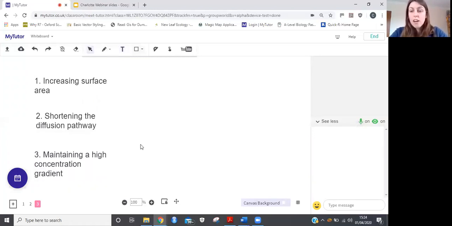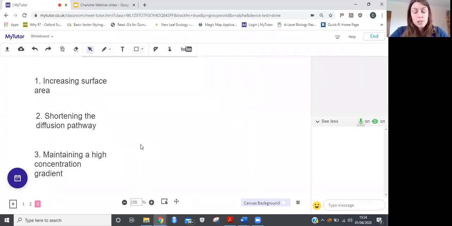Now, the alveoli in our lungs are adapted to enable us to do those 3 things within our lungs. So the alveoli are really great at making diffusion really fast and really efficient, to make sure that we can take the oxygen out of the air into our blood and the carbon dioxide out of our blood and back out into the air through breathing out.